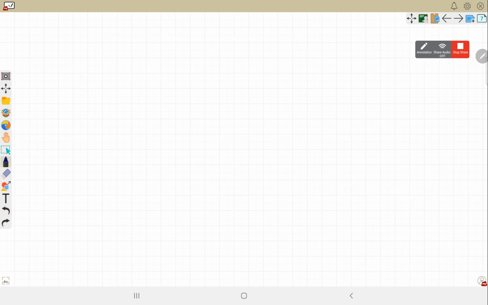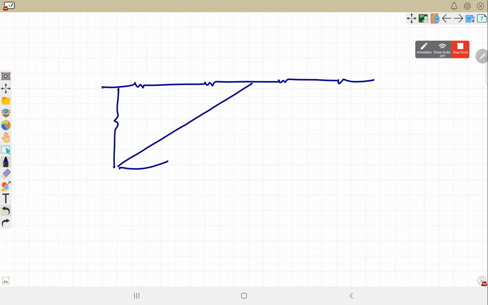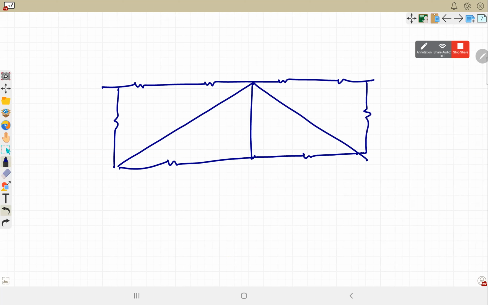Short circuit केस में क्या करते हैं हम? Short circuit means when there is a resistor and when both the terminals of any resistor are connected together. Okay, I'm randomly drawing this circuit so we can understand.